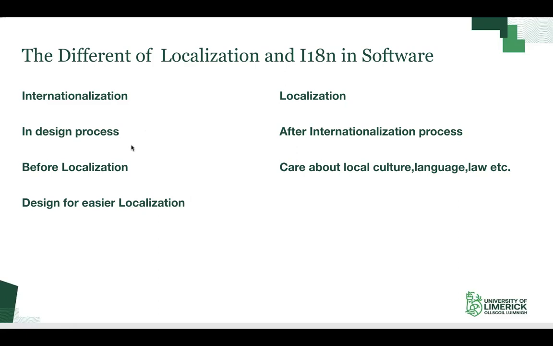Many points need to be considered in it, like the space for languages. After internationalization is designed, it's easier for localization. Localization comes after the internationalization process, and we need to care about the local culture, language, law, and so on, like we just introduced on the last page.